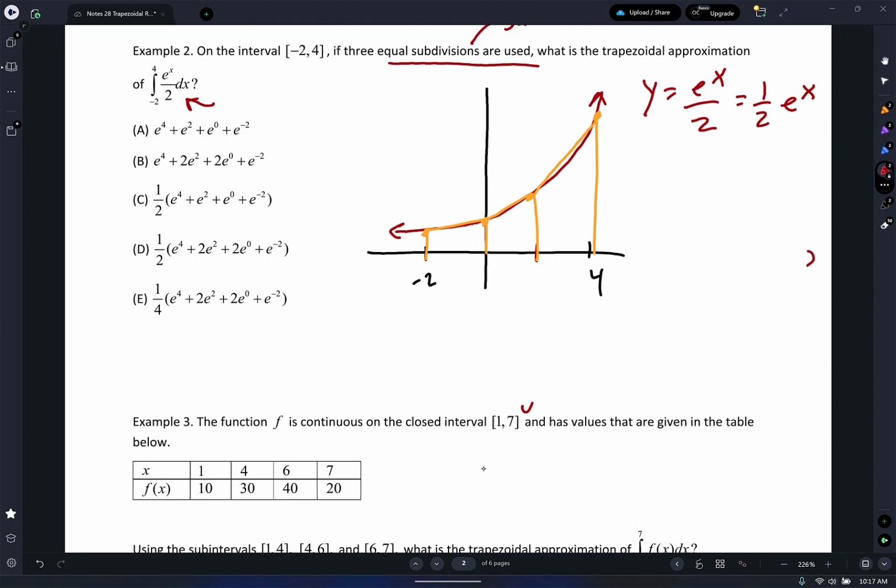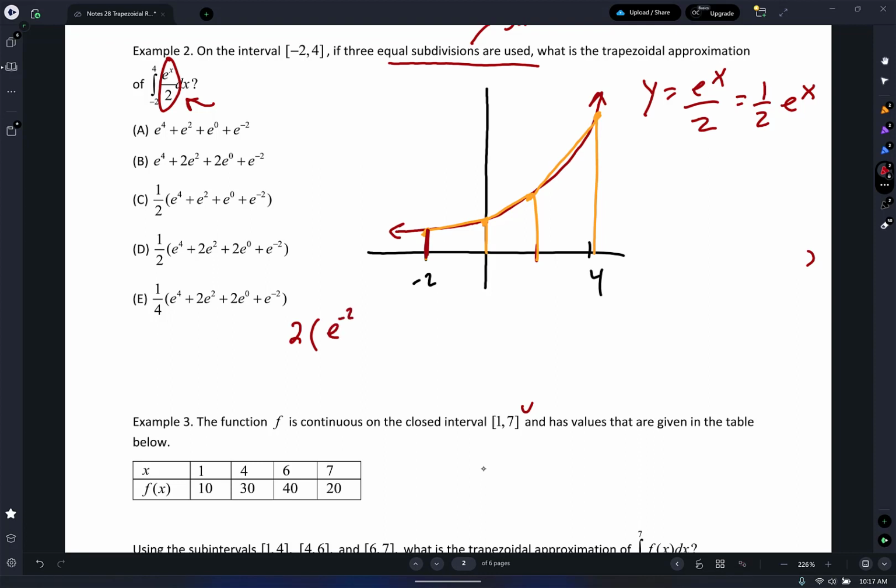Ready? So the height of each trapezoid is, it looks like it's what? 2. So I'm going to write 2 times base 1. Now this base, okay, that's fine. Base 1 is the y value, this specific y value. How do I get that y value? Plugging in a -2 in there.